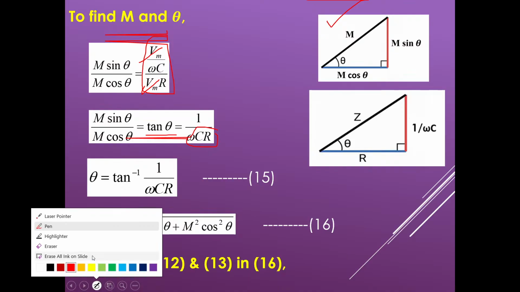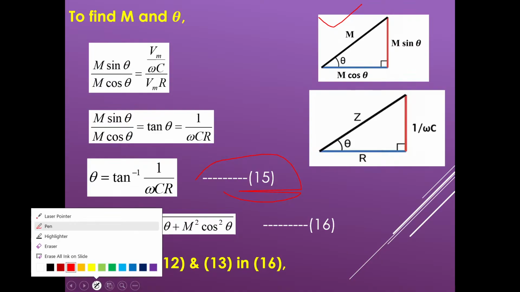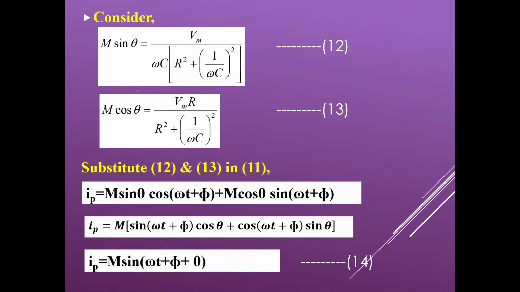Instead of that, you can go for these two triangles, the impedance triangle and this triangle, and you will get tan theta. So theta equals tan inverse of 1 by omega RC. That is our equation 15. So we have determined the theta value. Or, instead of using these two triangles, you already have equations 12 and 13; take the ratio of these two.